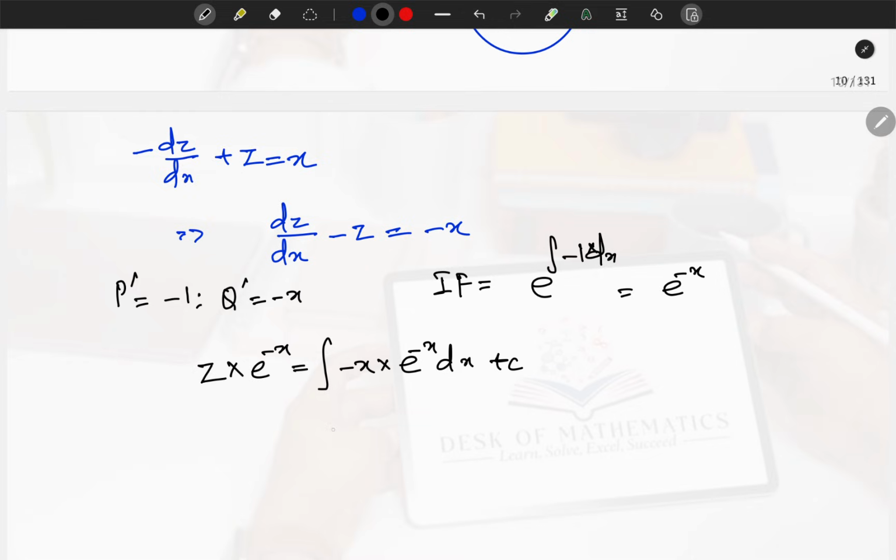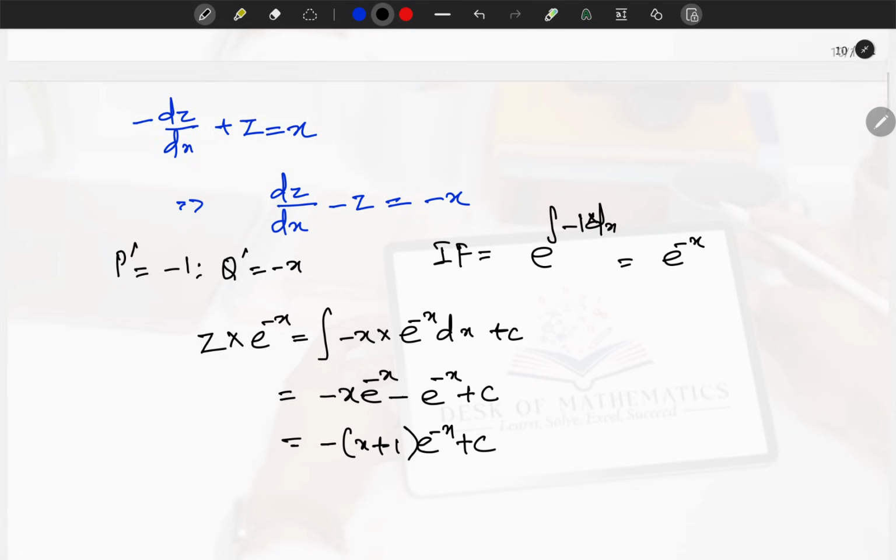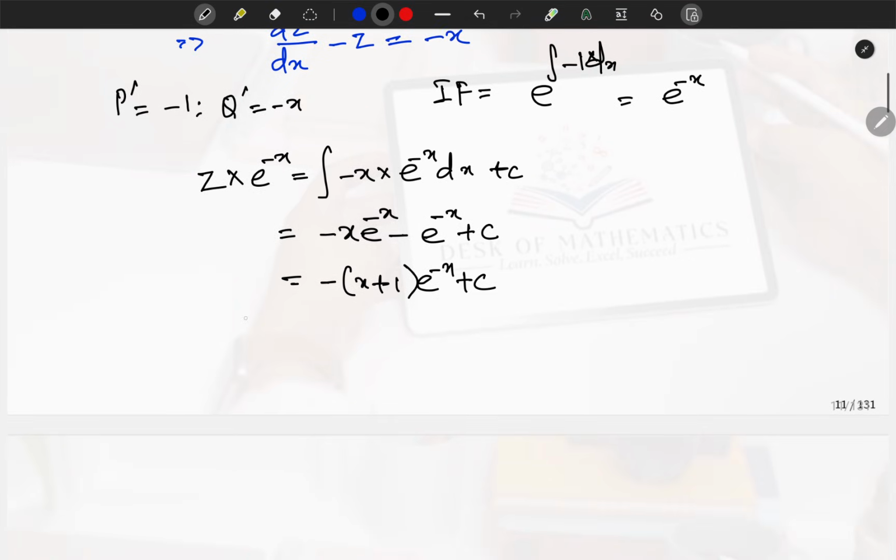Okay, so it will be equal to, by parts, minus x times e raised to the power minus x, minus e raised to the power minus x, plus c. Now take the minus common, so you can write it this way: z times e raised to the power minus x will be equal to minus (x plus 1) e raised to the power minus x plus c.